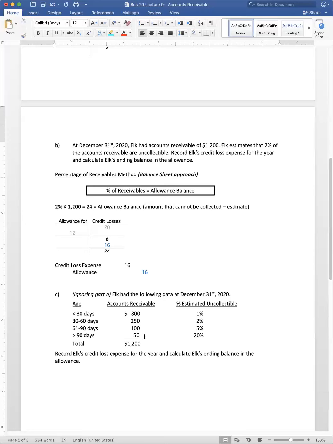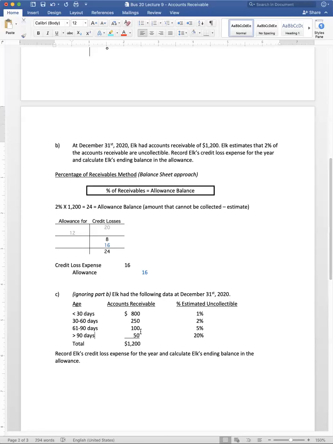If a receivable gets older and older, we feel less and less confident about eventually collecting that money. If someone has owed me money for a week, I feel pretty good, yeah, I'm going to get that back. But suppose that person has owed me money for a month or 3 months or 6 months. The longer it takes, the less likely we feel like we are to get that money.